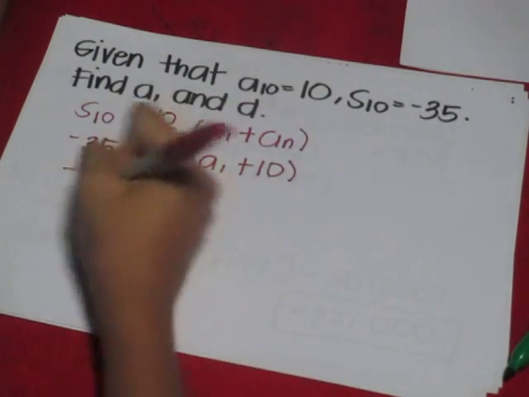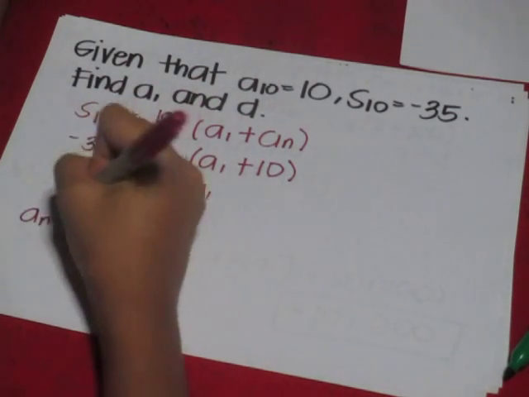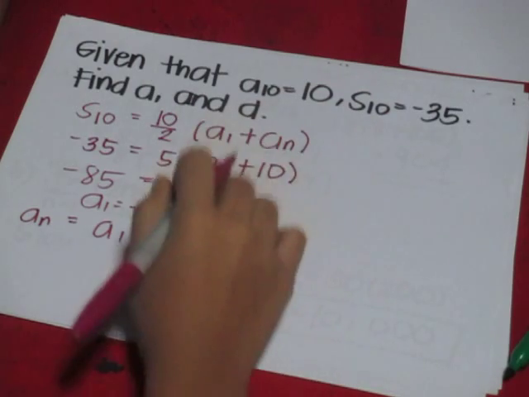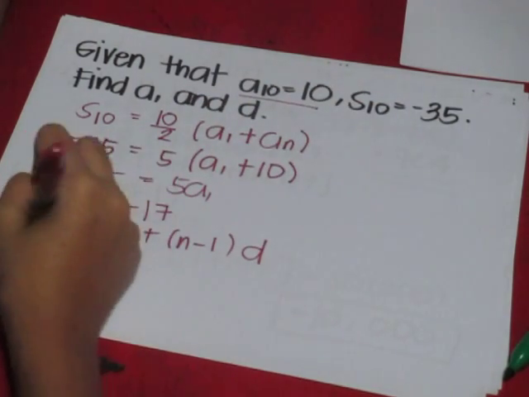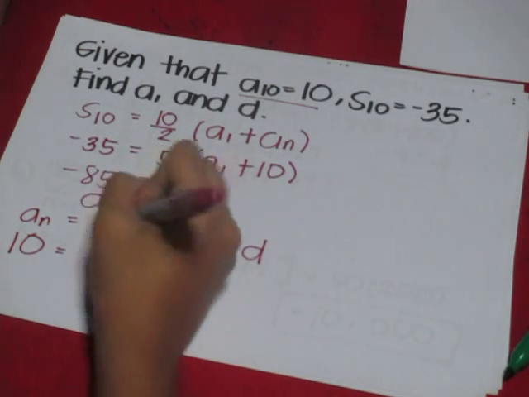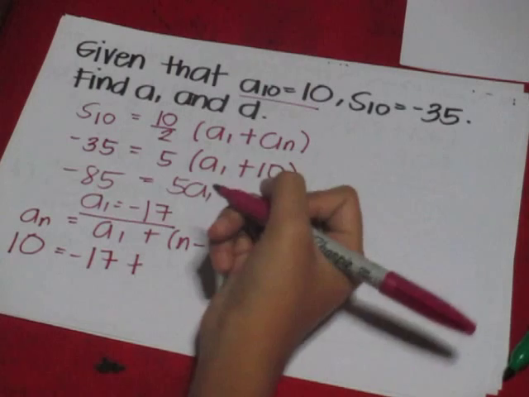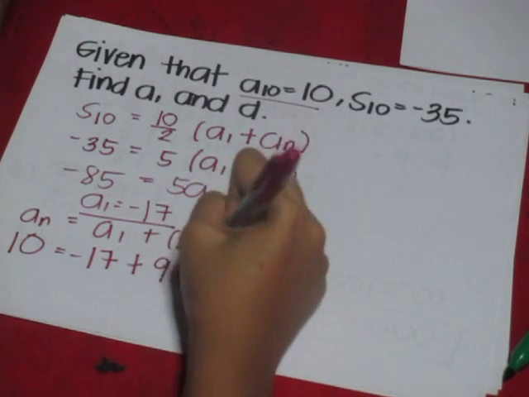Then we're going to substitute this into the formula of finding the nth term, which is a sub n is equal to a sub 1 plus n minus 1 times d. So that's a sub 10, which is 10, a sub 1, which is negative 17, plus the number of terms, which is 10 minus 1, 9, and then times the common difference.